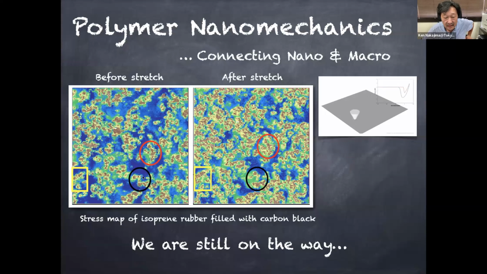Then this is the carbon black filled rubber sample, before and after stretching. I will not go into the detail, but we can visualize this type of situation. The blue region corresponded to soft rubber, and the brown region corresponded to added hard fillers.